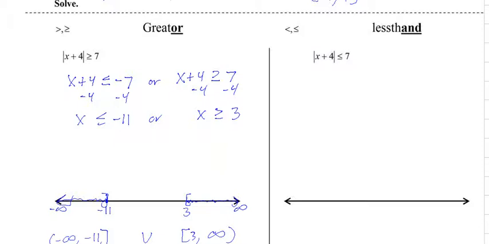Now let's look at the less. So it would be the same thing, but in this case, we do a compound inequality. We put the negative on the left because that's where negatives go. We put the positive on the right because that's where positives go. And then we solve.